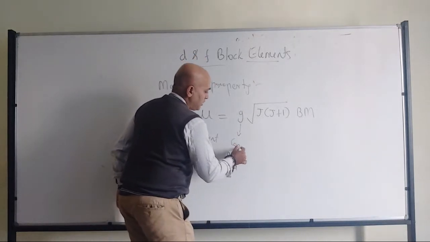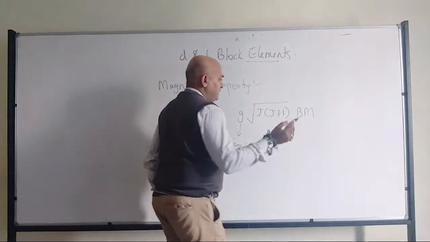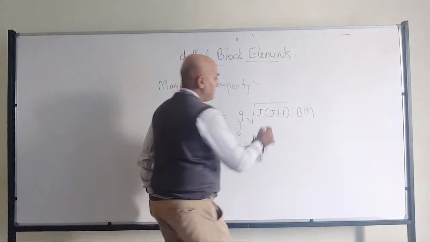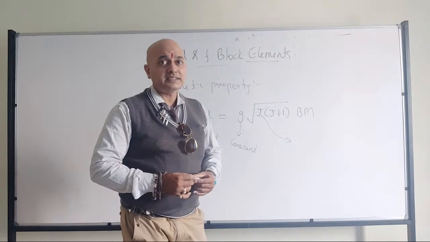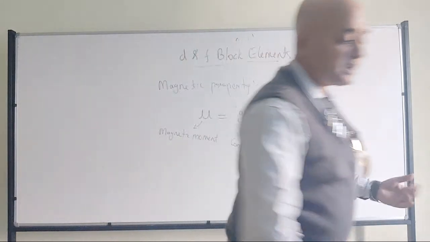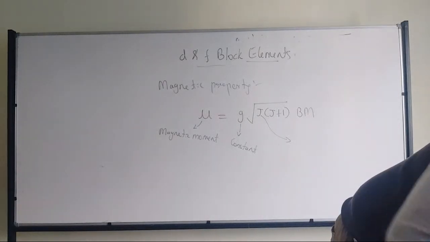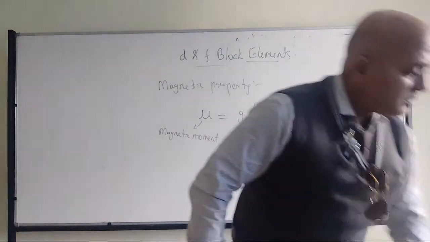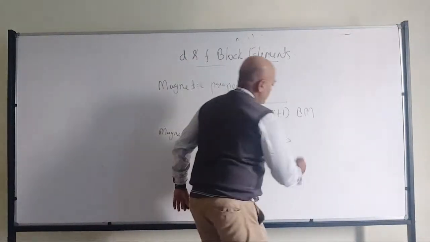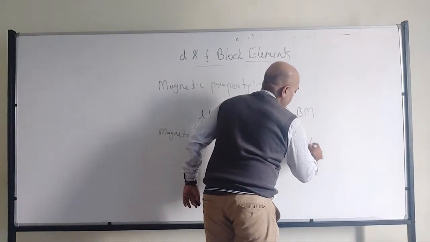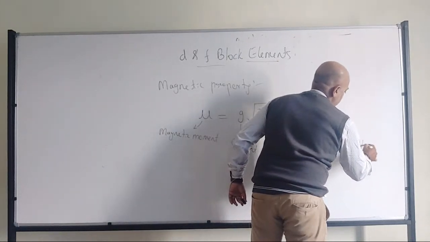So g is a proportionality constant, which you might have studied in your physics. J is the total angular momentum, with respect to spin and orbital moment.